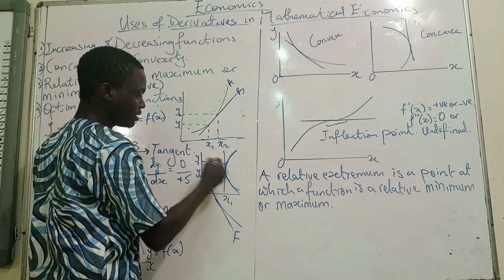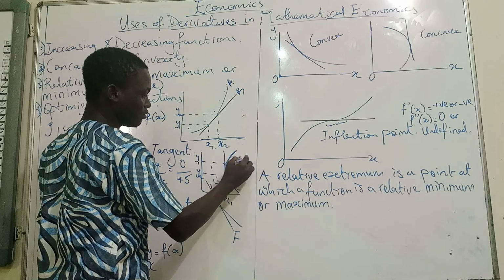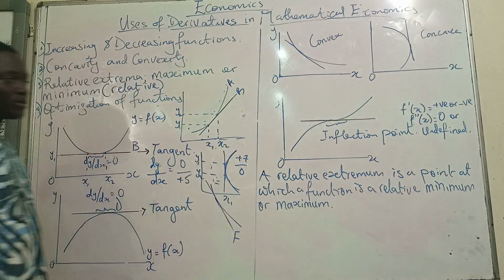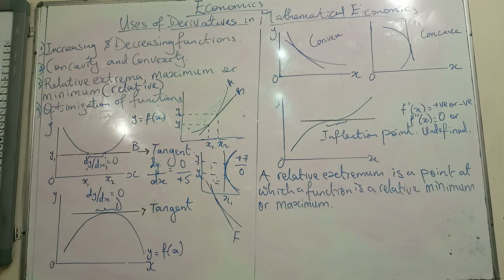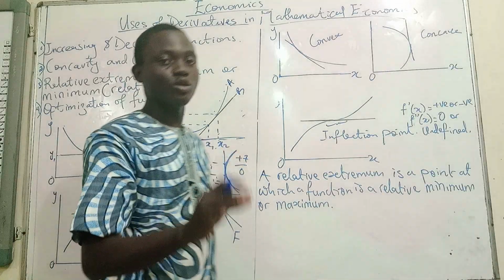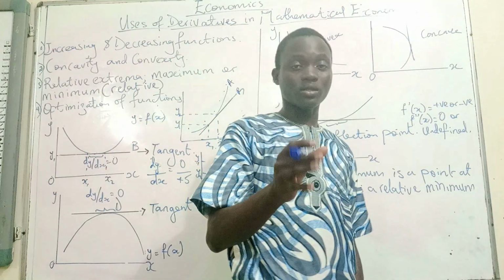So our change in y will be positive, let's say plus 7, and our change in x will be 0. This is going to give us undefined. So for us to know if a function is exhibiting a relative maximum or a relative minimum, we need to be on a plateau, where the slope, change in y divided by change in x, is 0 or undefined.